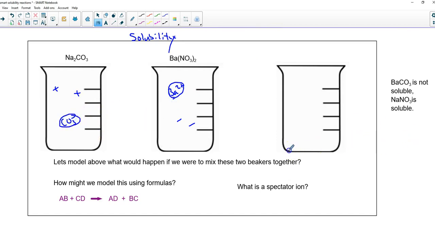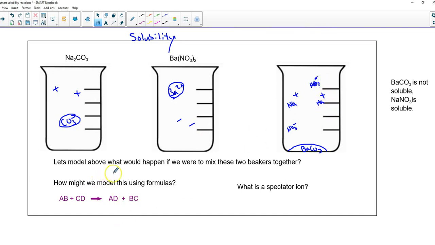So I'm going to get solid barium carbonate here. And my two sodiums, which are here, will just be up here, still dissolved. And my two nitrates, NO3 minus, they're also dissolved.